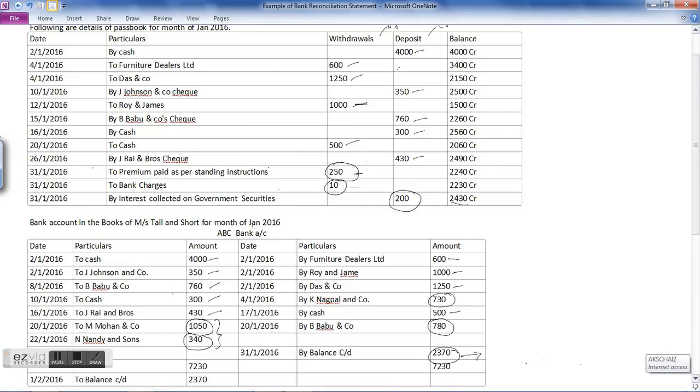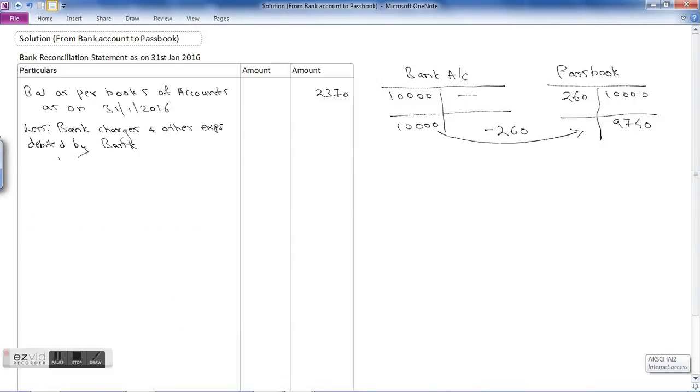Now what is that? Premium paid, 250, and bank charges.